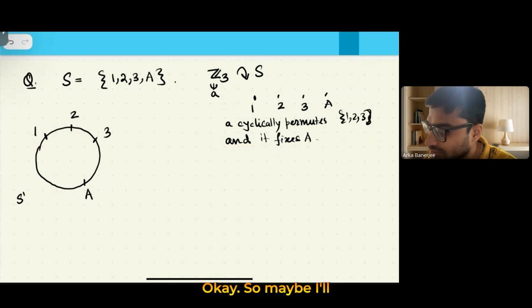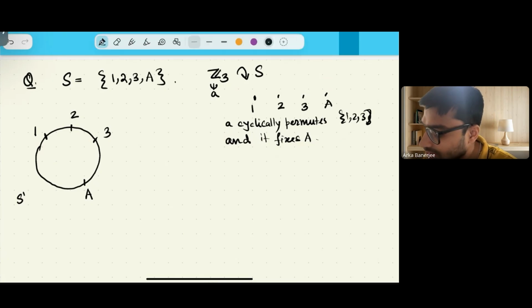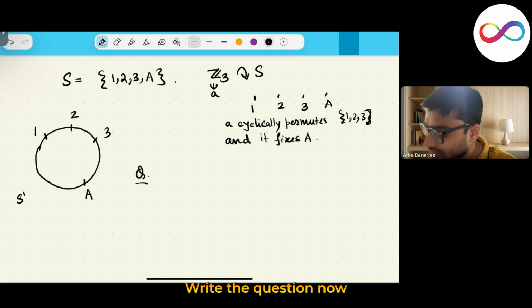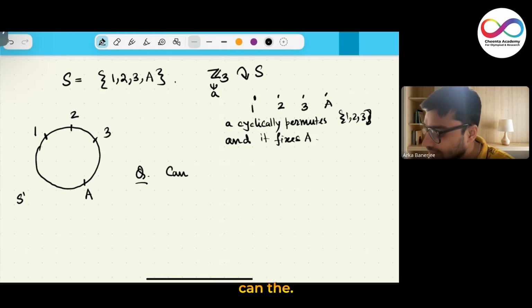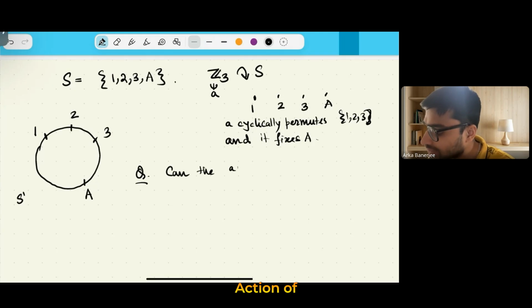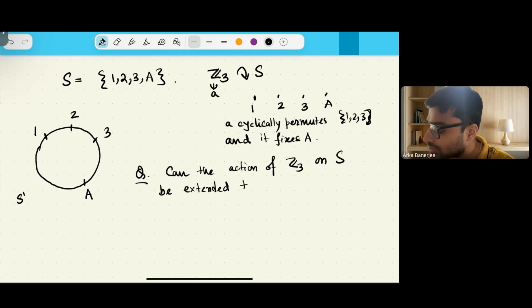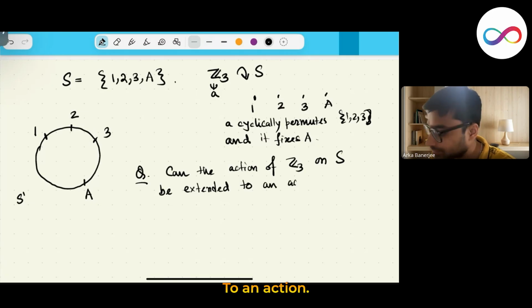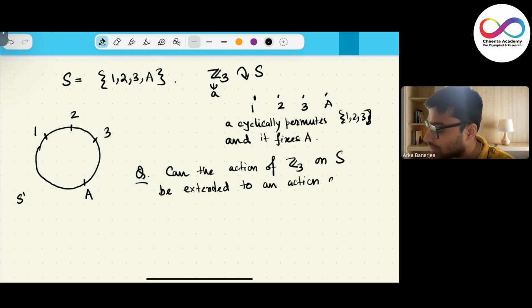So maybe I'll write the question now. Can the action of Z3 on S be extended to an action on S1?